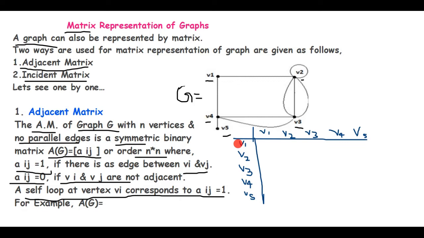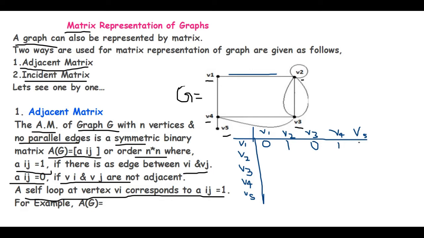So for V1 to V1, V1 to V1 does not have any loop, or it does not have a self loop, nor any edges connected, so we can directly represent this as 0. Here from V1 to V2 we have an edge connecting, so it's considered as 1. Similarly for V1 to V3 we don't have any edges or lines connected, so it is 0. From V1 to V4 we do have an edge, so it is 1.